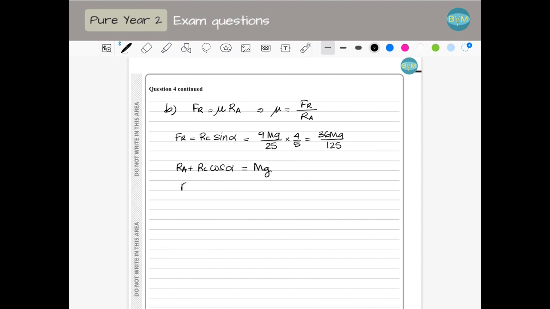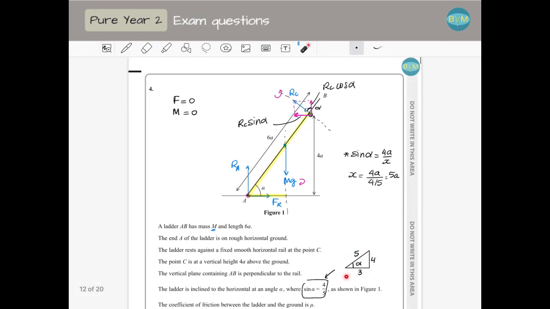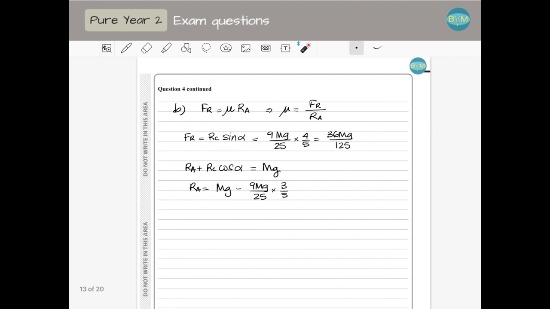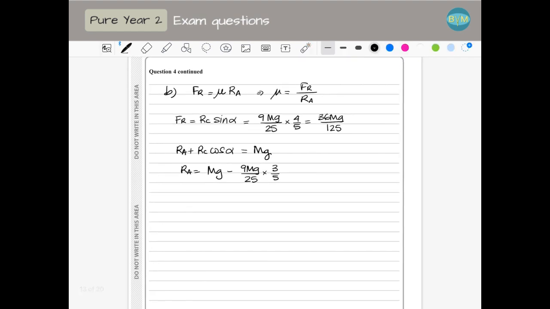RA is the one that I need for finding the friction coefficient. It's going to be mg minus RC, which is 9mg divided by 25, times cos alpha, which was 3/5, just looking at the triangle. So this is 98 over 125, so 98 mg divided by 125.